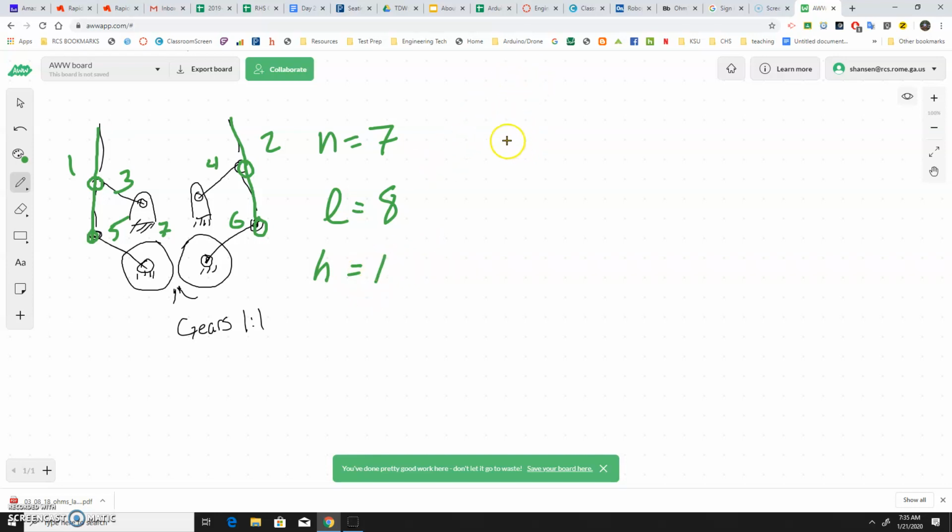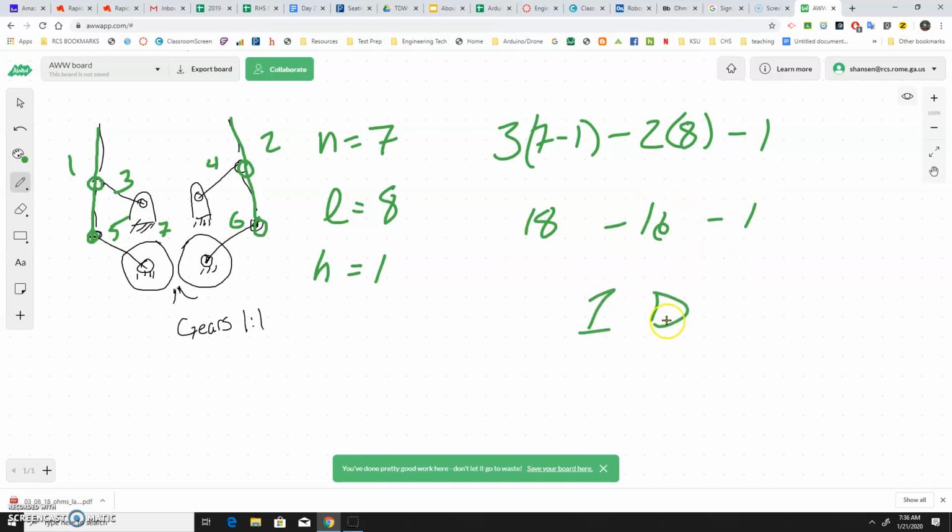So writing out the mobility equation, I've got 3 times 7 minus 1, minus 2 times 8, minus 1. So 7 minus 1 is 6, times 3 is 18, minus 2 times 8 is 16, minus 1. That adds up to 17, so 18 minus 17 is, again, just 1 degree of freedom, which is what I would expect from understanding how this mechanism actually works.